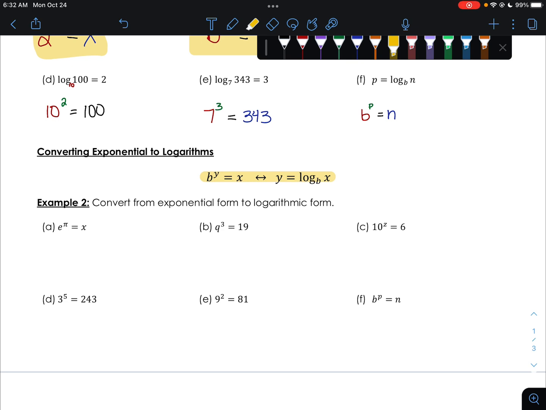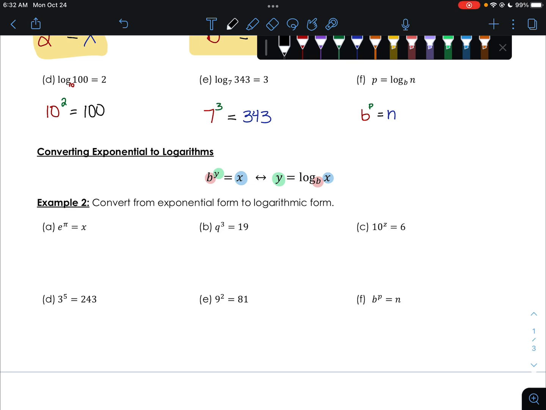So here we go. We have our base, which becomes the base of the log. Then our exponent is what we set it equal to. And lastly, x goes with the log. When we do these, we start by writing log.